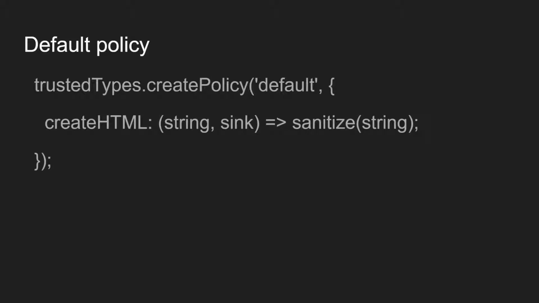You can create a default policy. A default policy will take any string that gets assigned, for example, to innerHTML, and call your function on it before it gets assigned. So you can sanitize it, you can escape it. So basically, Trusted Types brings a lot of the server-side logic that we enjoyed for the last 12 good years, plus some. I mean, it's really 25, but broad adoption came late to the client.